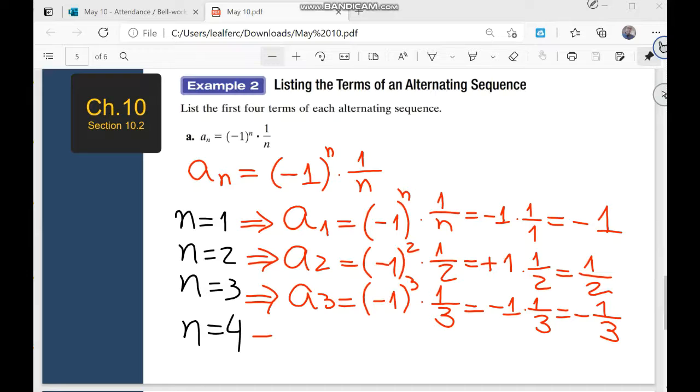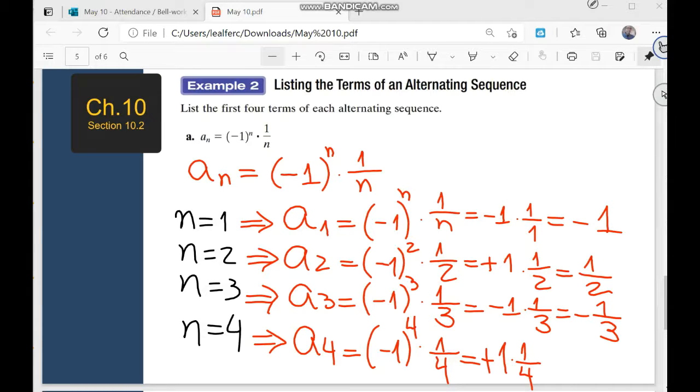And finally, a4. We stop here on a4, the fourth term, negative 1 exponent 4 times 1 over 4. Negative 1 exponent 4 is positive 1 times 1 over 4. This is positive 1 over 4.